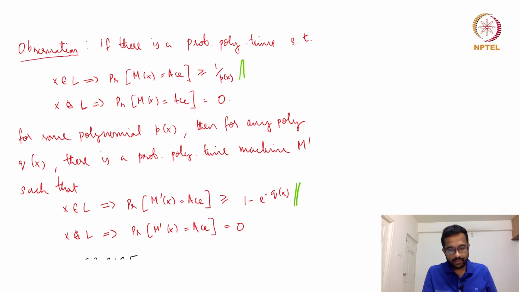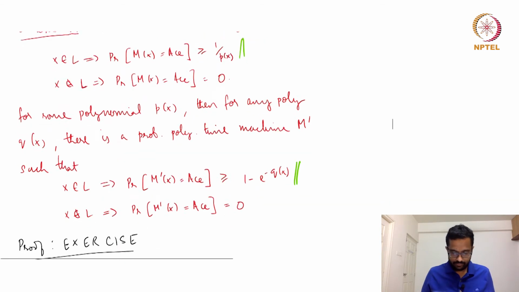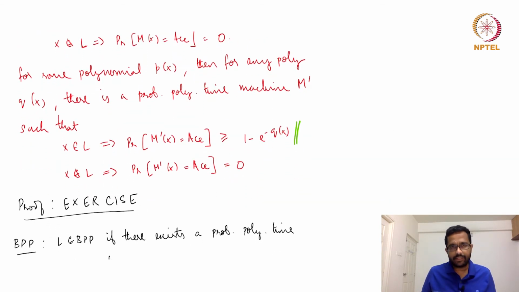The probability of error is when x is in L and it is still reported as a false negative, reported as being not in L. This probability will go down with repeats. So just work out how many repeats are necessary to get from 1/p(x) to 1 minus e to the power minus q(x). That is the only part that needs to be worked out, and you can work it out and convince yourself.